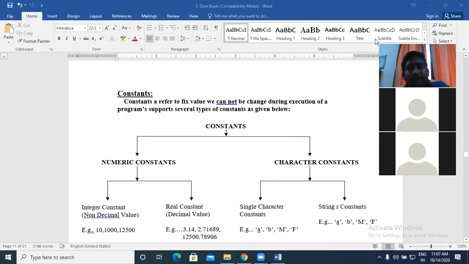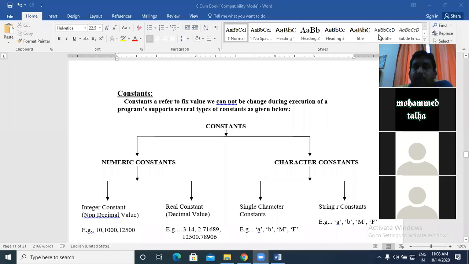Now first, numerical constants. Under constants, two parts are there: one is numeric constants, second is character constants. In numeric constants, two major things are there: integer constants, that means non-decimal values, and real constants, that means decimal values. Real is also known in C programming as float.